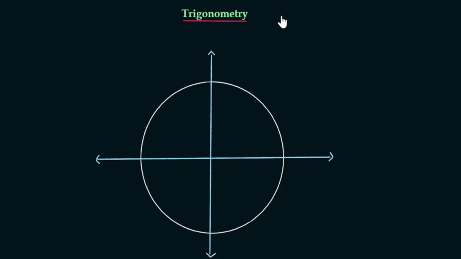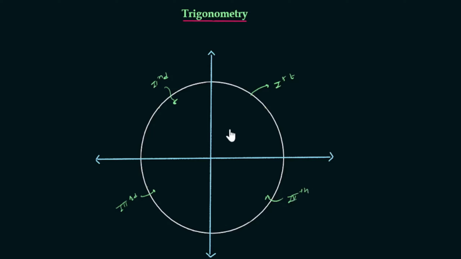So let us see one unit circle here. Consider this circle. This is our first quadrant, this is our second quadrant, this is our third quadrant, this is our fourth quadrant.